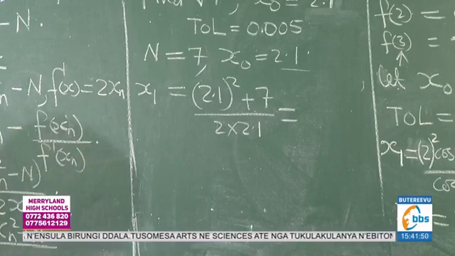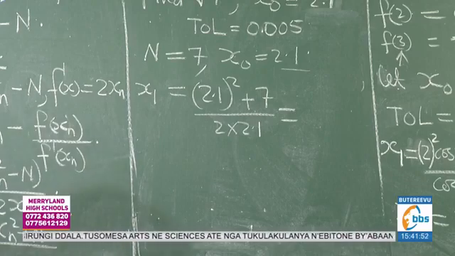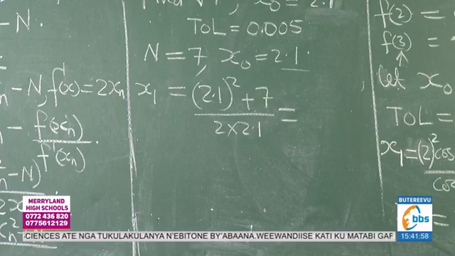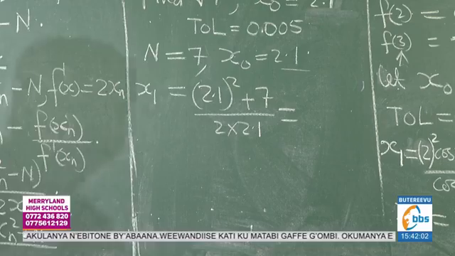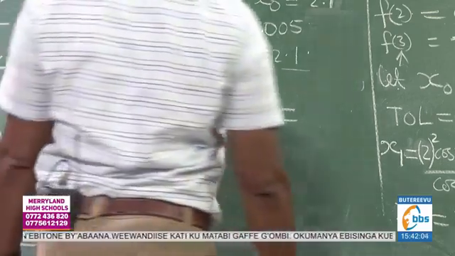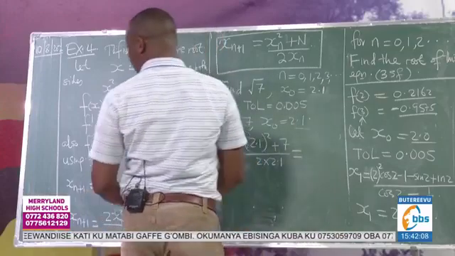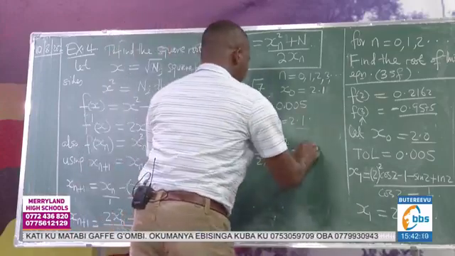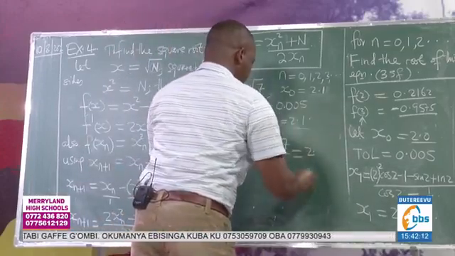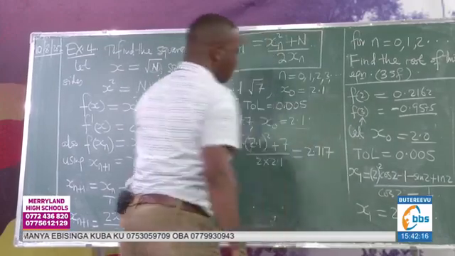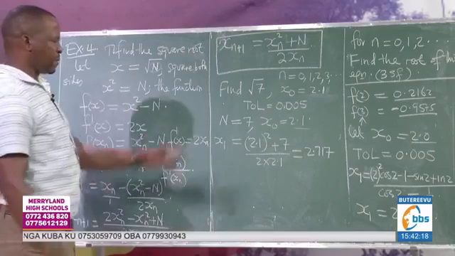The pause that I normally put is to allow you to get the value before I put it there. I'm buying time for you to compute using your calculators and get our value for x1. Because they want the answer to 2 decimal places, we write our expressions to 3 decimal places, and we shall eventually round off. The first approximation gives us this.